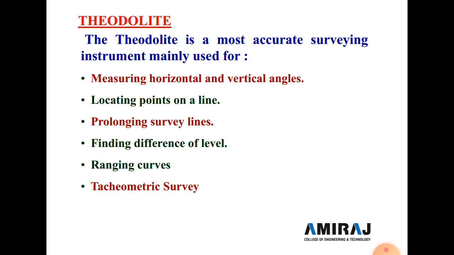The theodolite is the most accurate surveying instrument, mainly used for measuring horizontal and vertical angles. Horizontally we rotate the theodolite clockwise and anti-clockwise, and in a vertical direction we rotate the theodolite 360 degrees. In the vertical direction we measure the vertical angle in upward and downward directions, in the form of positive and negative.